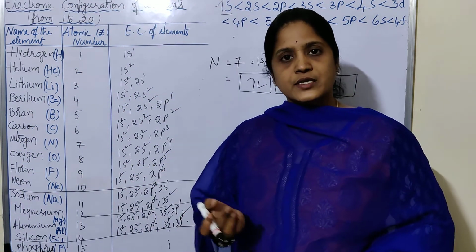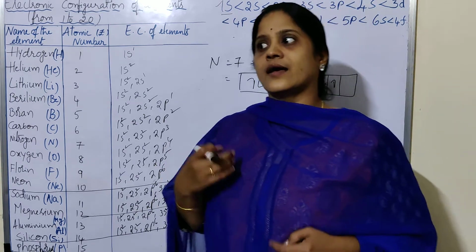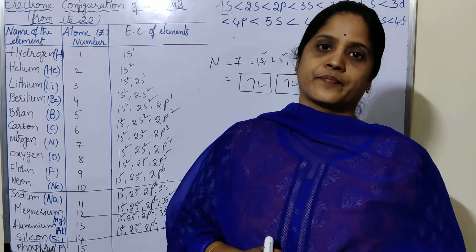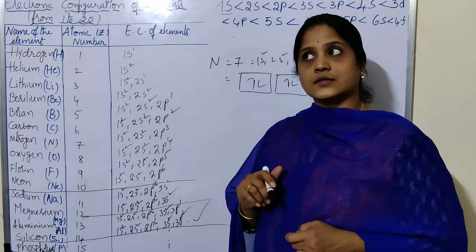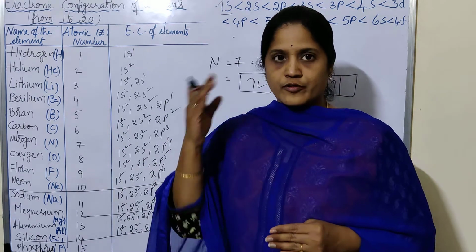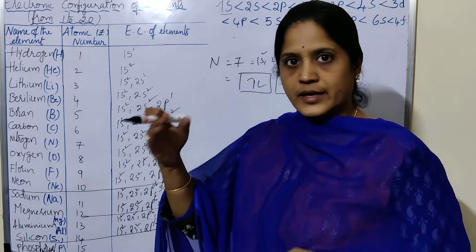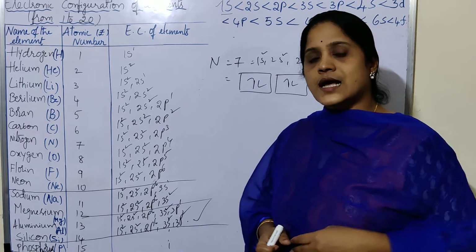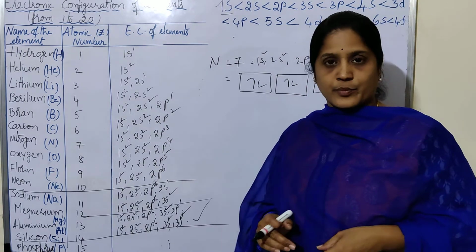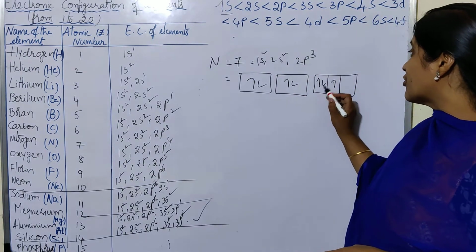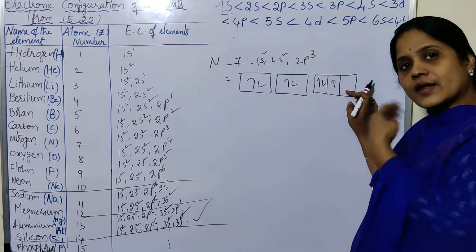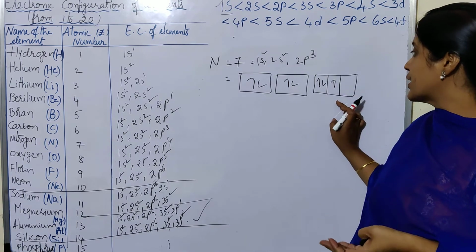Pauli's principle means what? No two electrons will have all 4 quantum numbers the same. Next is the Aufbau principle. When we are filling the electrons in an atom, we have to follow the n plus L method. Then Hund's rule. What is Hund's rule? While filling electrons in atomic orbitals, particularly degenerate orbitals, first you have to fill one electron in each orbital, then the remaining electrons with the opposite spin we must pair.